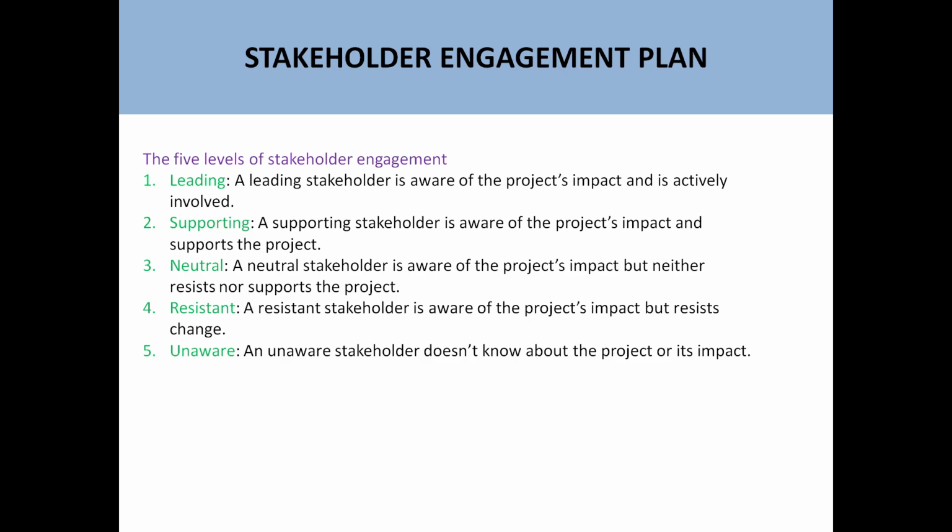Those are the resistant stakeholders. Unaware means those stakeholders who don't know about the project, what the project is, what its impact is, what benefits you will get. Those are the unaware stakeholders.